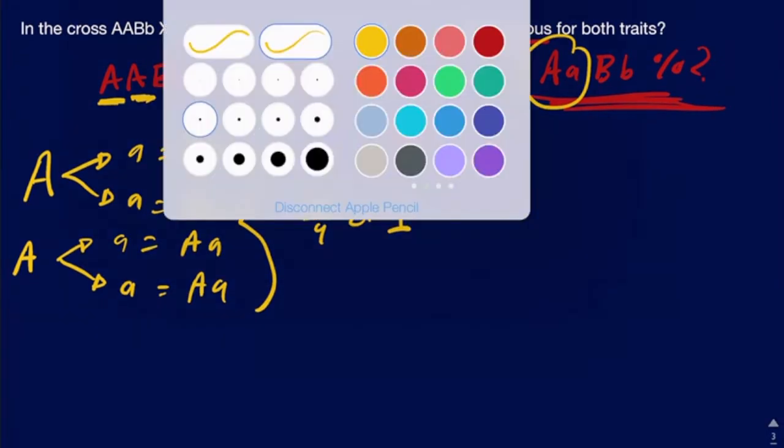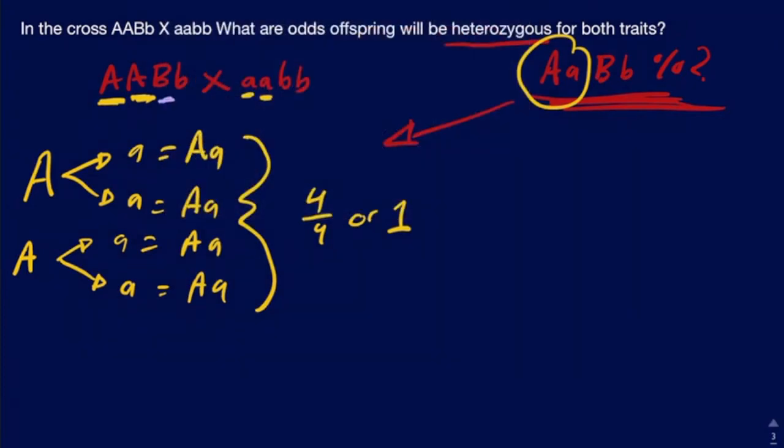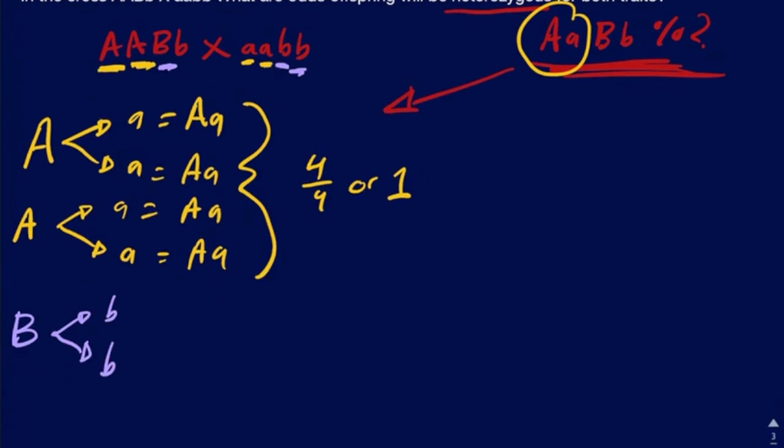And let's do the same thing for the B gene. So if the mom were to give a big copy of the B gene, the dad can only give a small copy or a small copy. If the mom were to give a small copy of the B gene, the dad can give a small copy or a small copy.